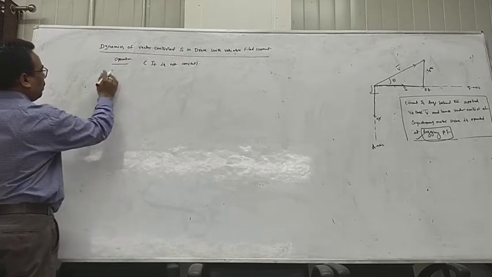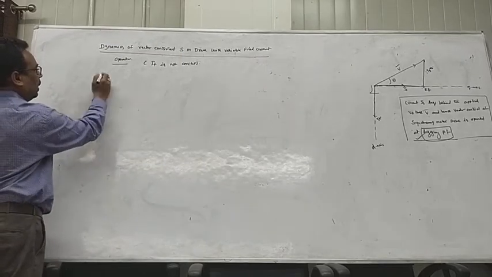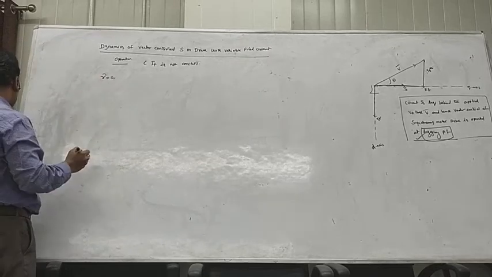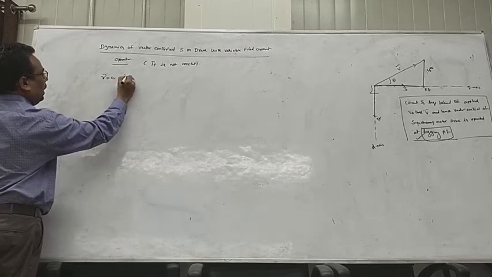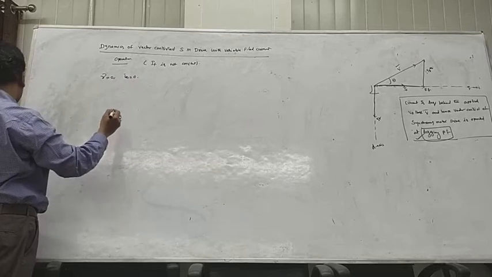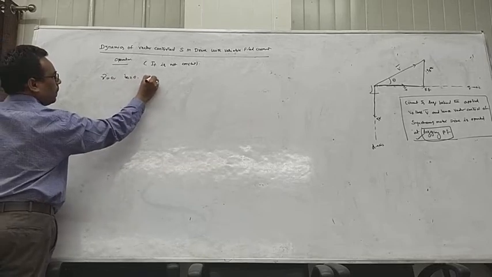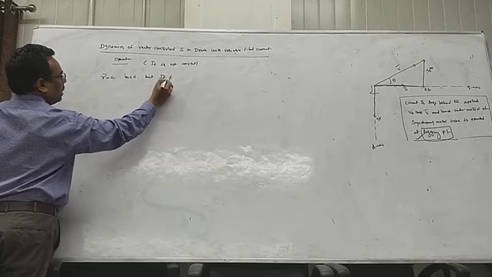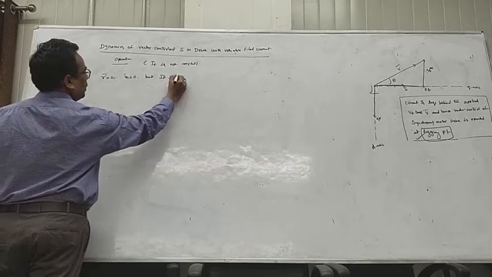So from the conditions, first you write down the conditions for vector control. Gamma is 0, IDS is 0, but IF is not constant.